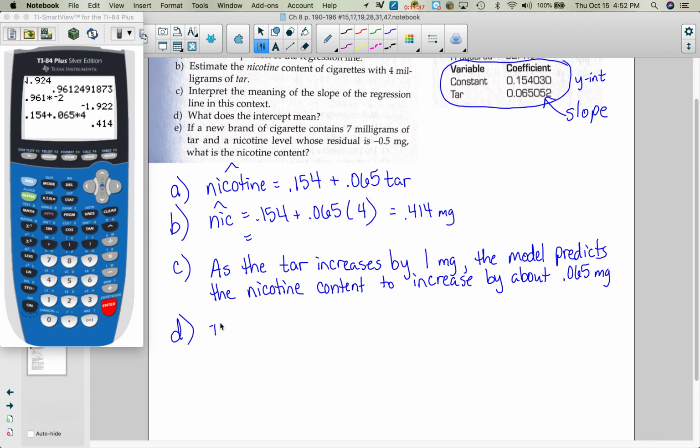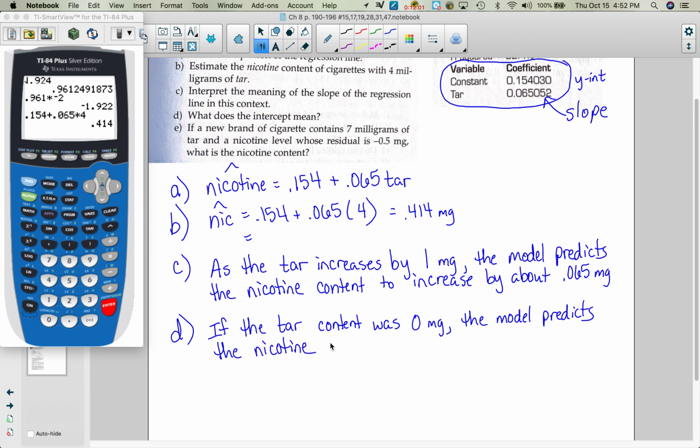So, if the tar content was 0 milligrams, the model predicts the nicotine content to be about 0.154 milligrams.